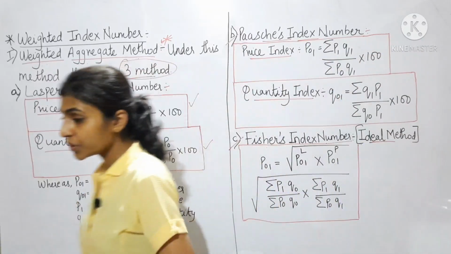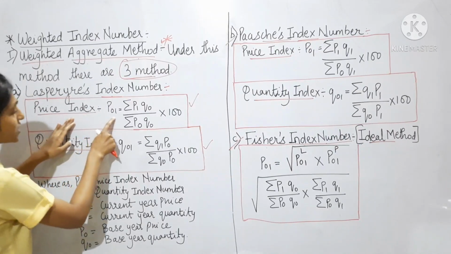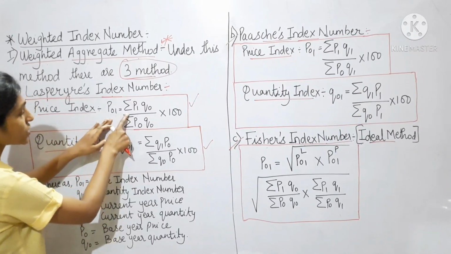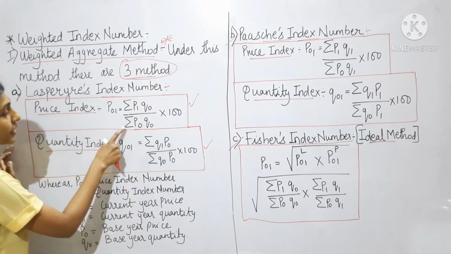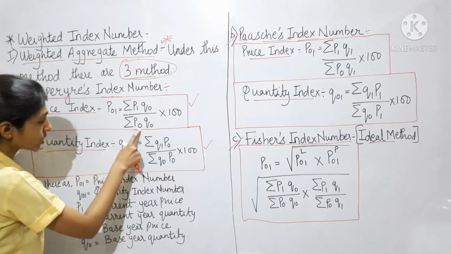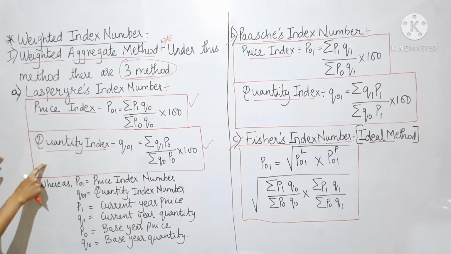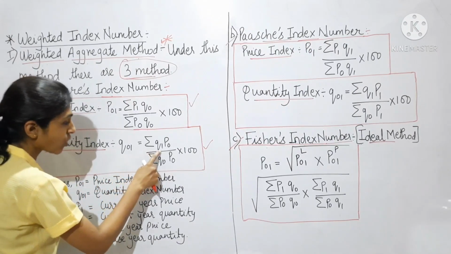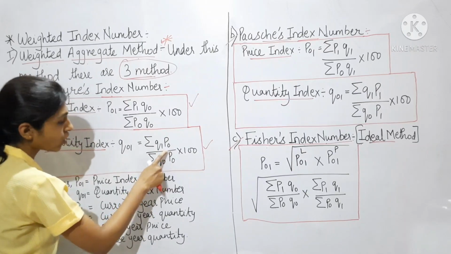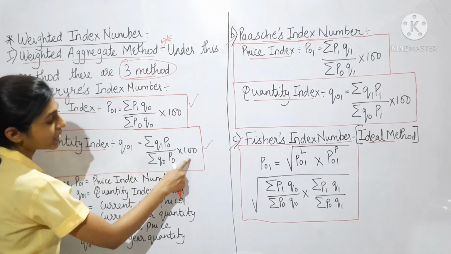I will repeat the formula again. For price index number, P01 equals summation P1 Q0 divided by summation P0 Q0 multiplied by 100. For quantity index number, Q01 equals summation of Q1 P0 divided by summation of Q0 P0 multiplied by 100.